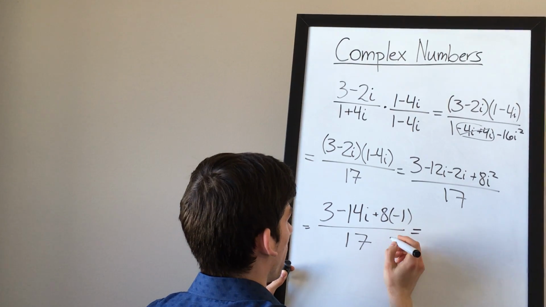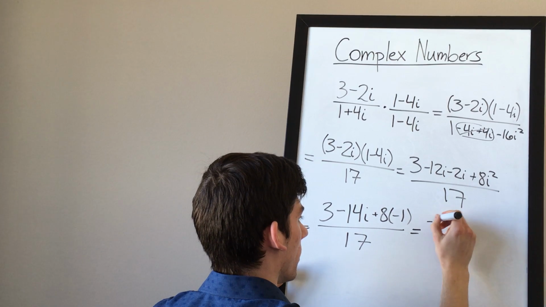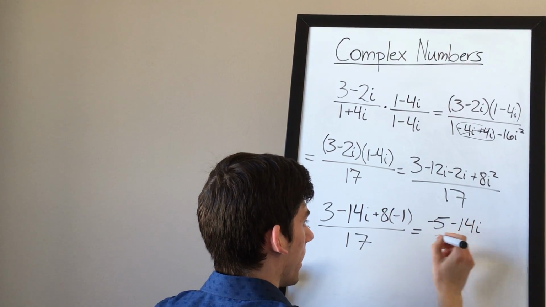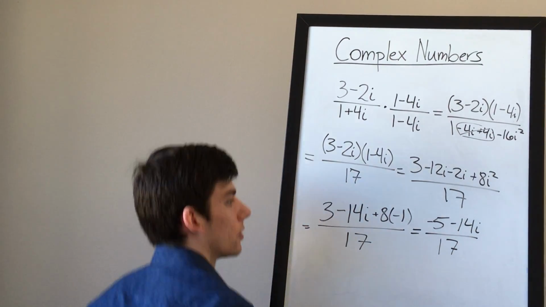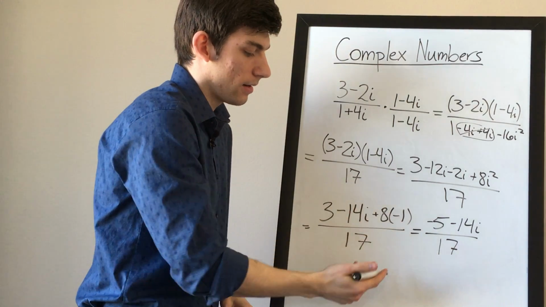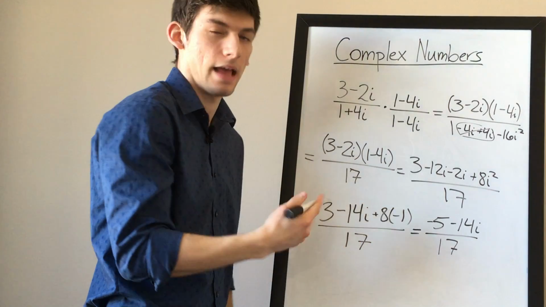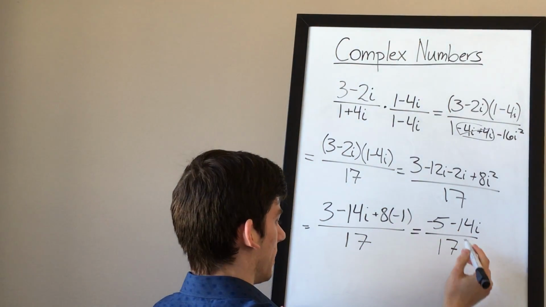This is equal to, so you can do, 3 minus 8, right? So negative 5 minus 14i, all over 17. And so here, this is a fair final answer. If you want to go ahead and get it into the a plus bi form, you can just, again, divide each term by the denominator, right?